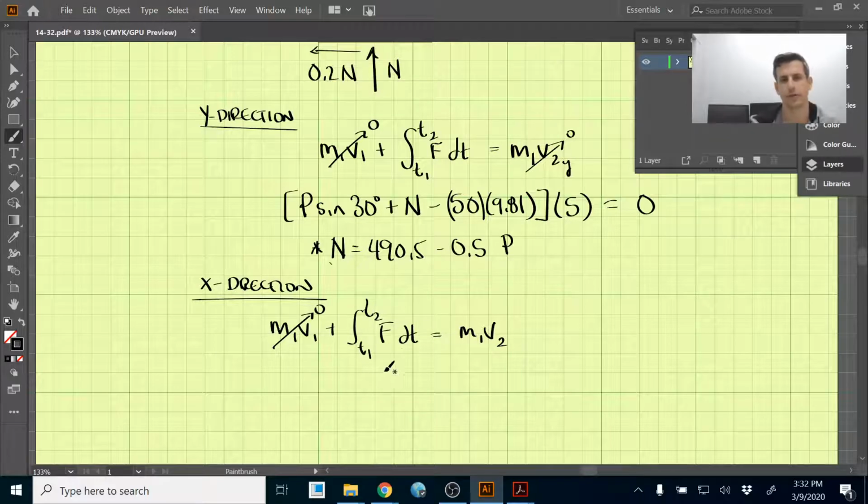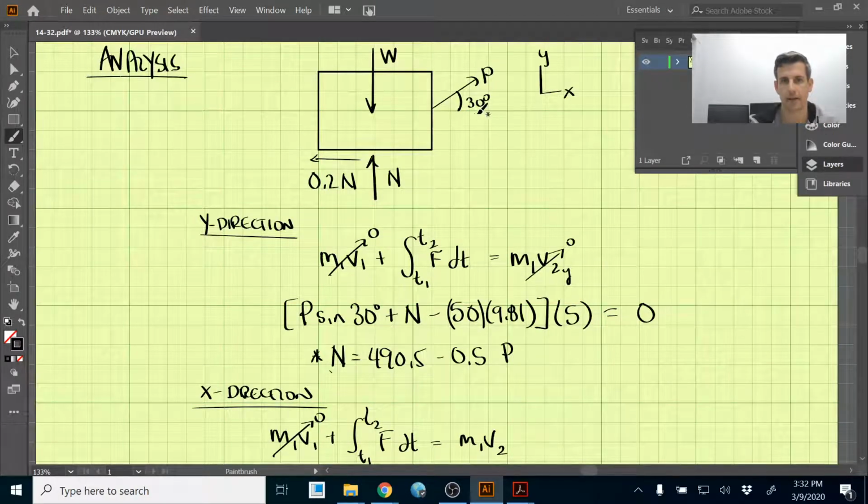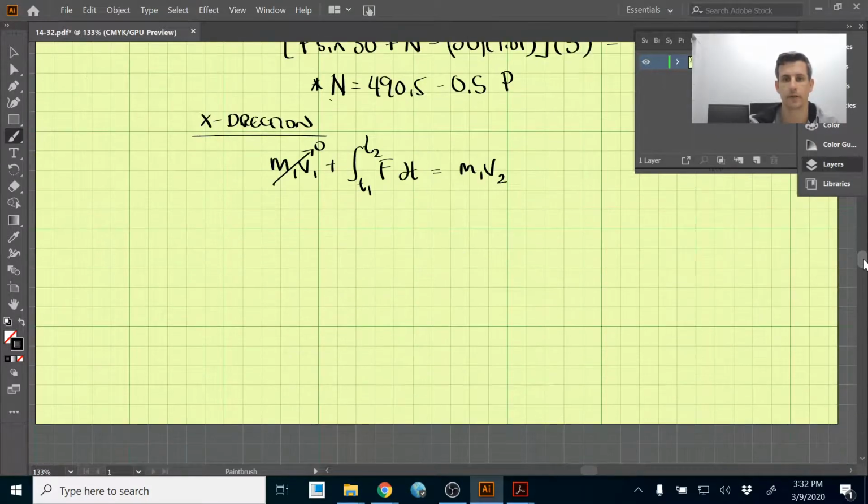And all the forces are constant still, so this integration here is nothing more than the force times the amount of time that this force is acting, which is 5 seconds. So going back up to our free body diagram, in the x direction we have the P component, which should be P cosine 30 degrees.